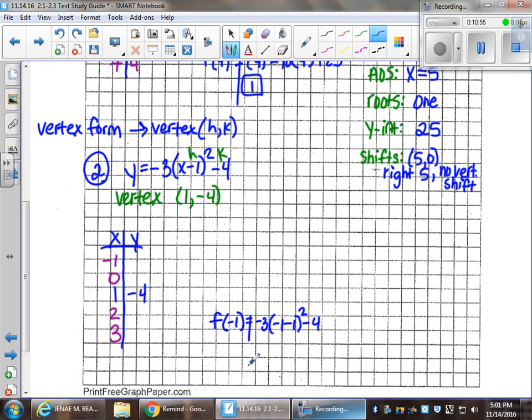Go ahead and use your calculator, figure out what that is, or mental math, your choice, but pause and get the answer on your own. I got, for this, negative 16.